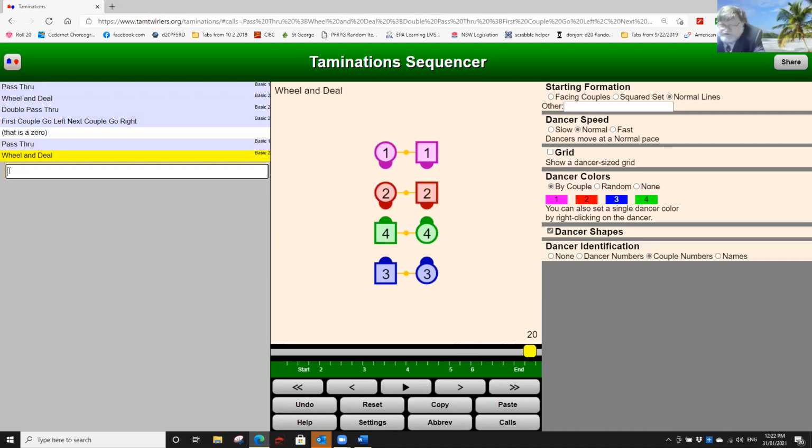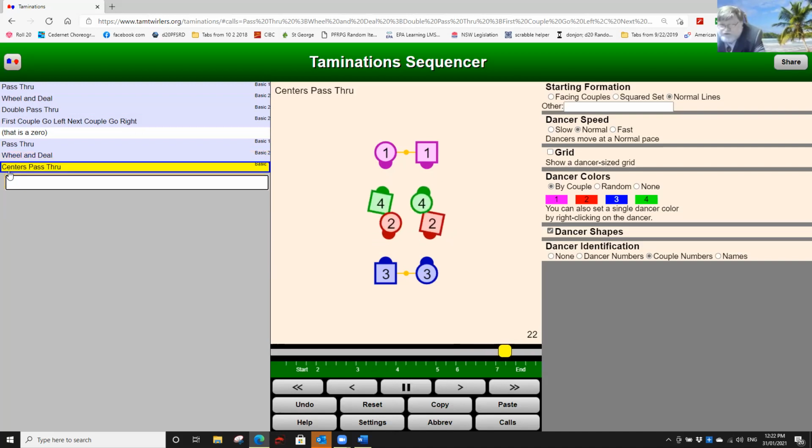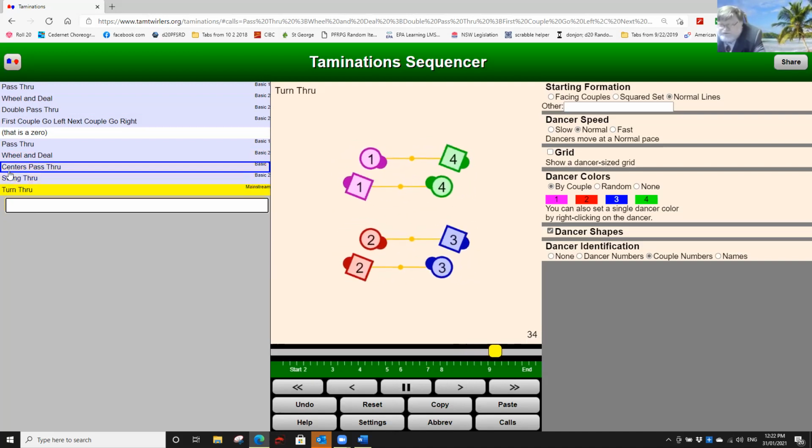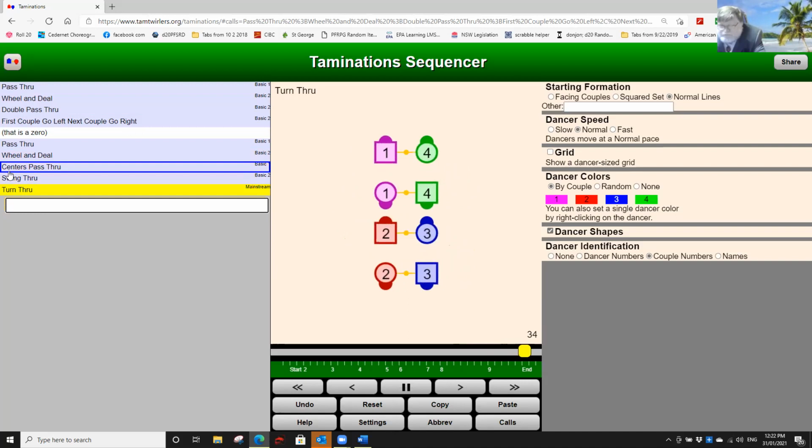With Bill Peters, our get out was swing through, turn through, right? Centers pass through. Swing through, turn through. It's the same get out. Yep. Boom.